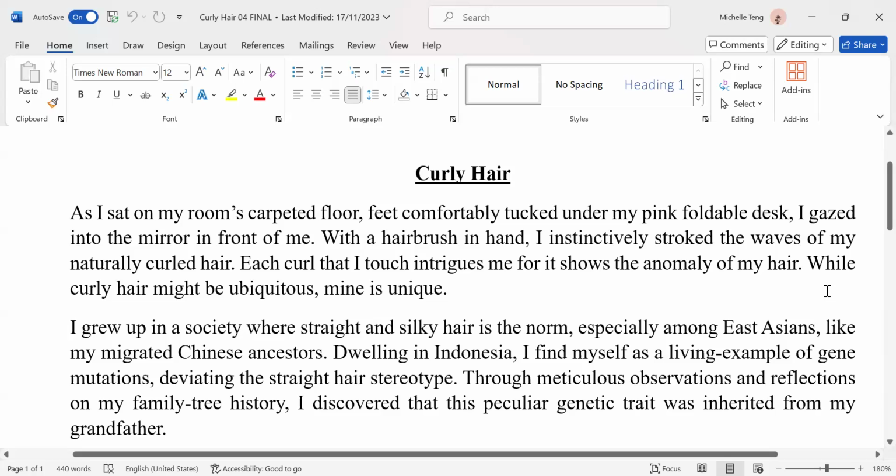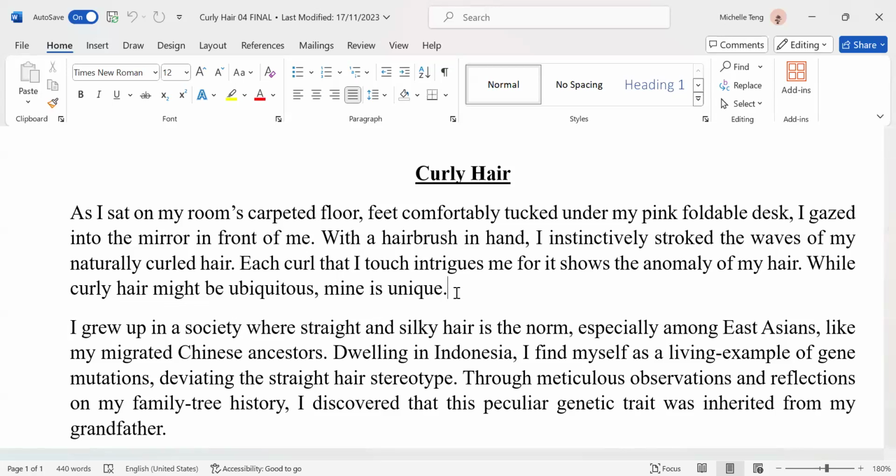That's for the third sentence: "While curly hair might be ubiquitous, mine is unique." "Mine is unique" is a strong clause. It can stand on its own. "Ubiquitous" means something that we can commonly find, something that is everywhere and very common.